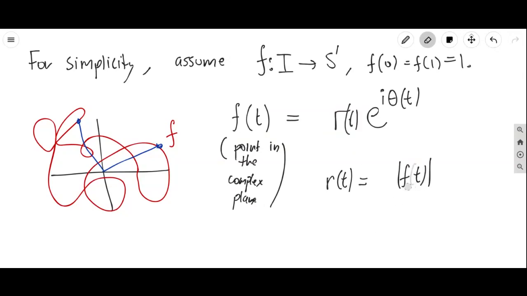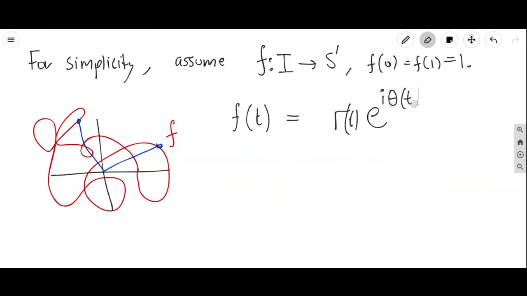And you should notice that if f of t is a continuous function, which we're always assuming is the case, then when you take its absolute value, that's also going to be a continuous function. Now, the angle is actually where the complication arises. The entire complication arises when you have an angle, because the angle is what causes all the confusion.